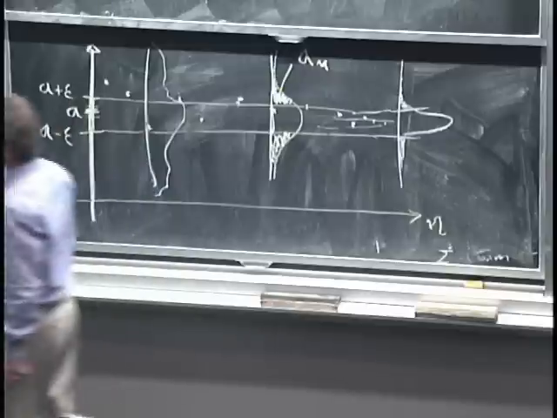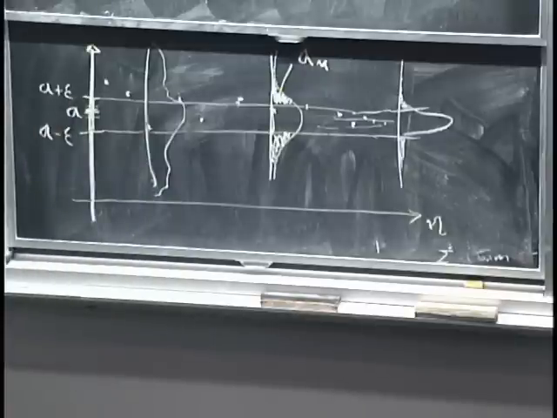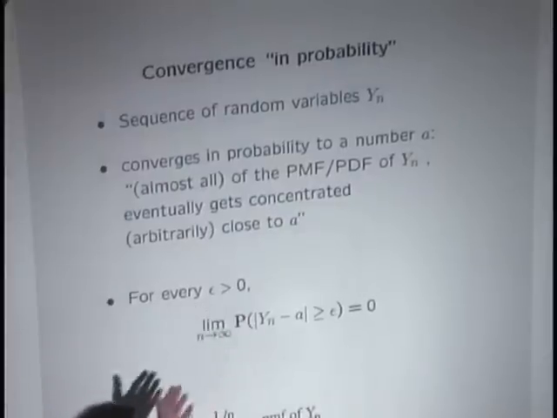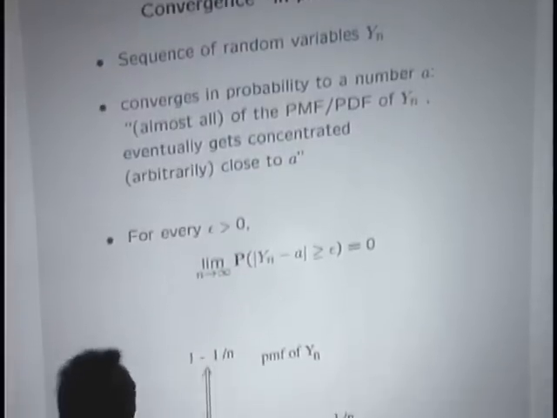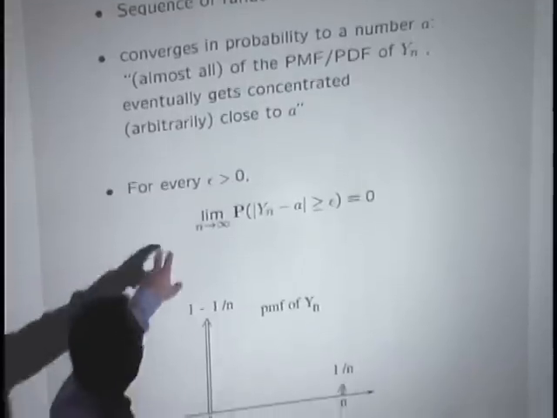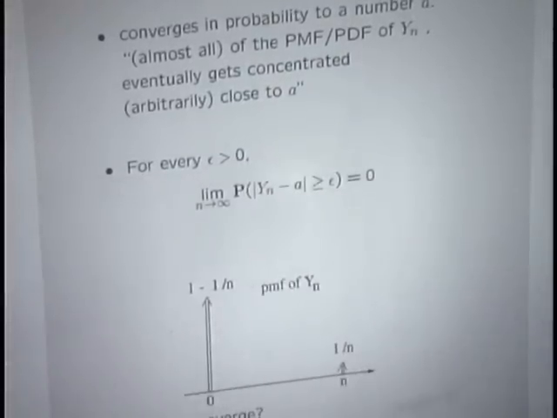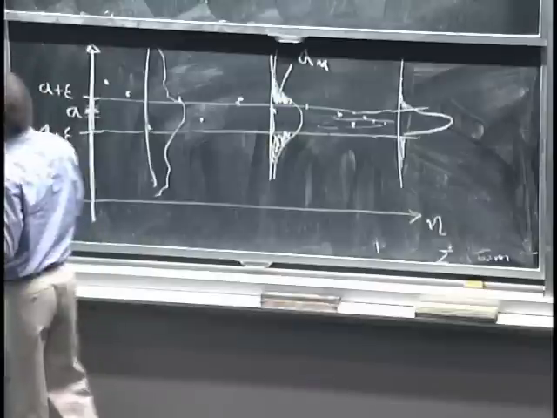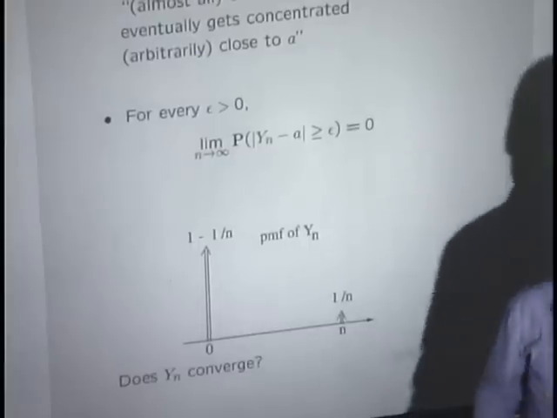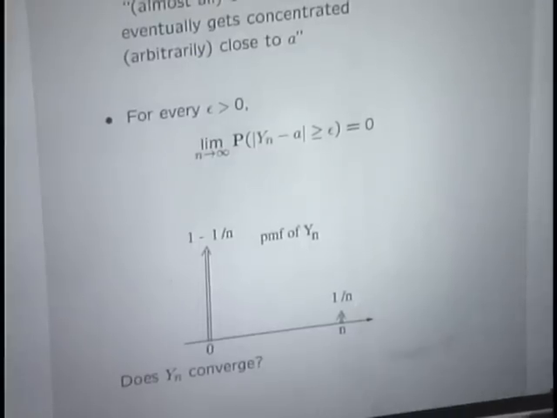So the corresponding mathematical statement is the following. If I fix a band around a plus or minus epsilon, given that band, the probability of falling outside this band converges to 0, or another way to say it is that the limit of this probability is equal to 0.